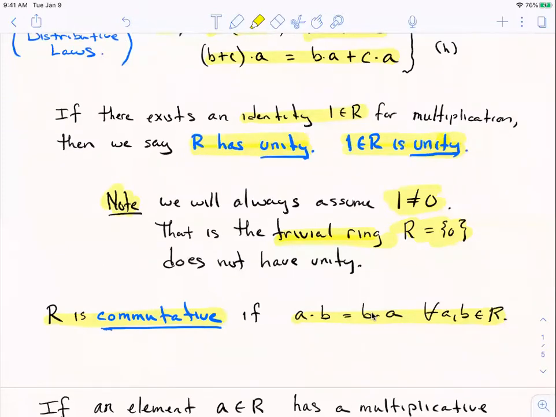A ring may or may not be commutative because we don't insist that the multiplication be commutative. All right, the integers are our one and only example that we're still just speaking out loud. The integers are a commutative ring because multiplication of integers doesn't depend on the order.